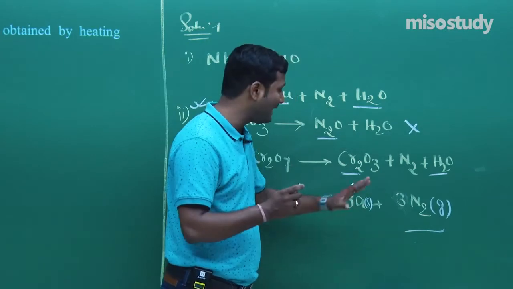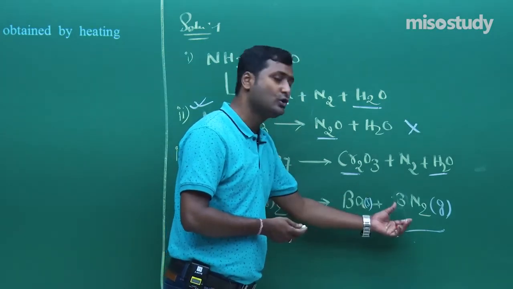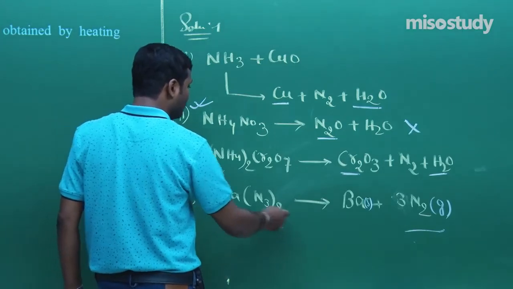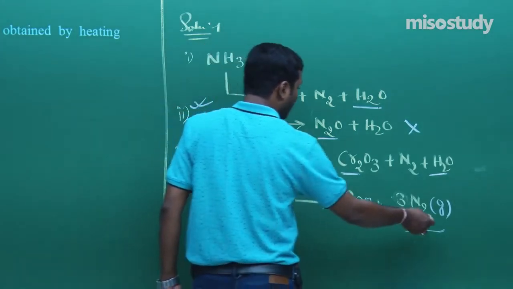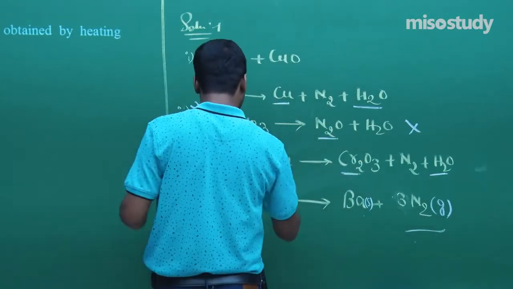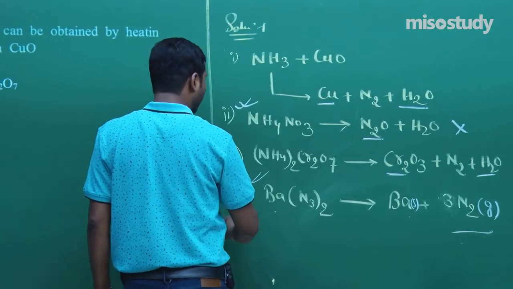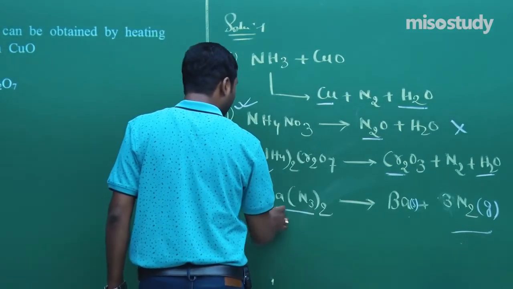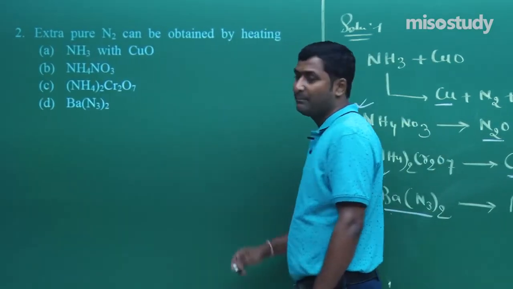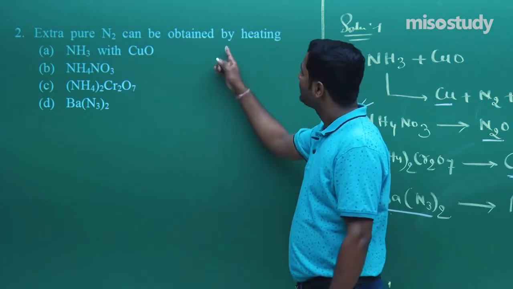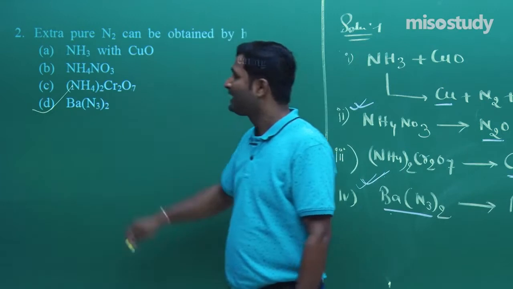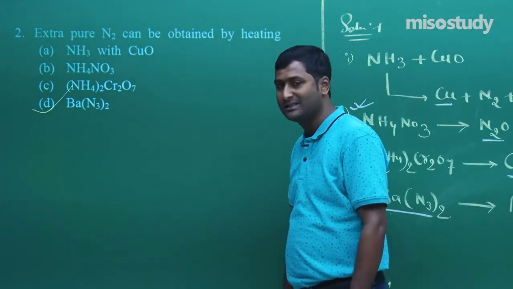We do not require any other method to separate them. So this is the best method, because one product is in a solid state and the other product is in a gaseous state. If we compare all four methods, Ba(N3)2 is the best method to give you pure N2. So D is the correct option. For question number 2, D is the correct option.